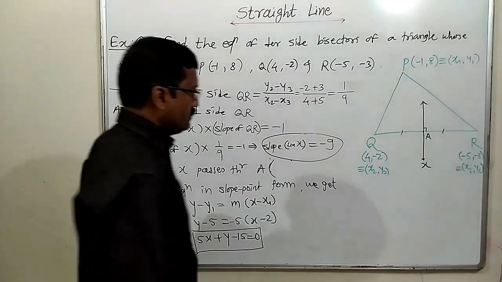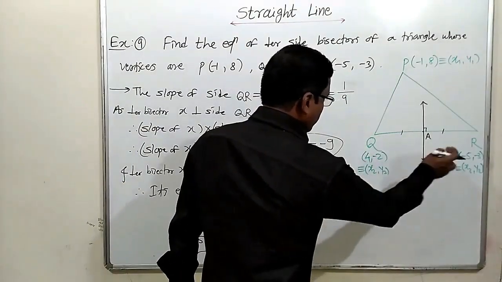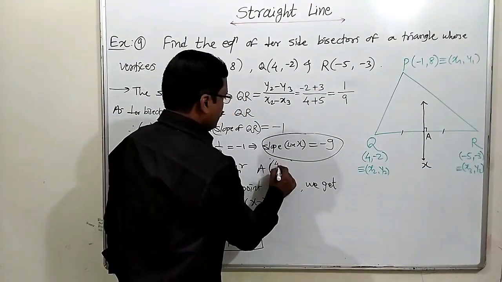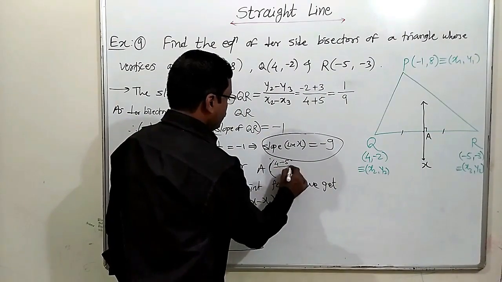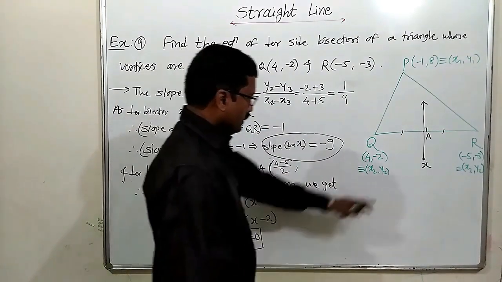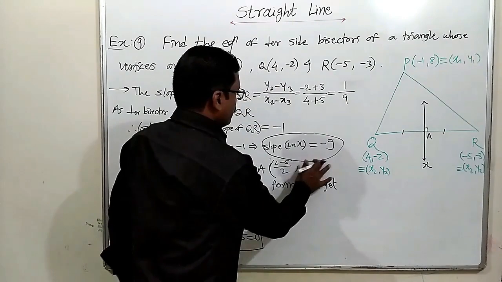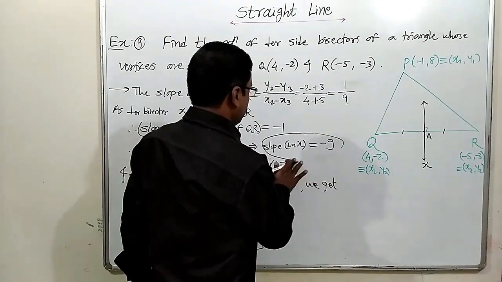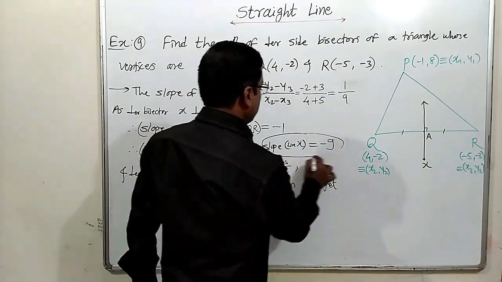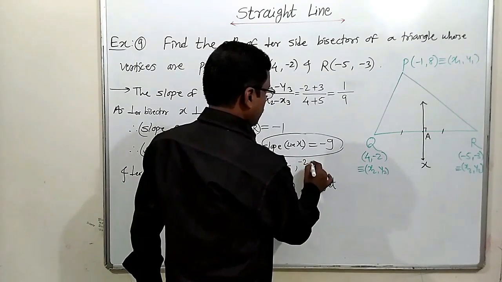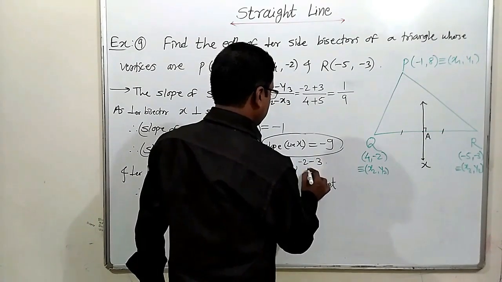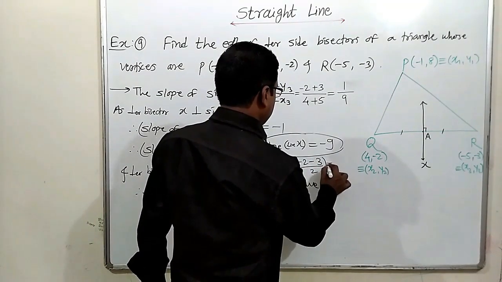So A is ((x2 plus x3) upon 2, (y2 plus y3) upon 2), that is (4 plus -5) upon 2, and (-2 plus -3) upon 2.